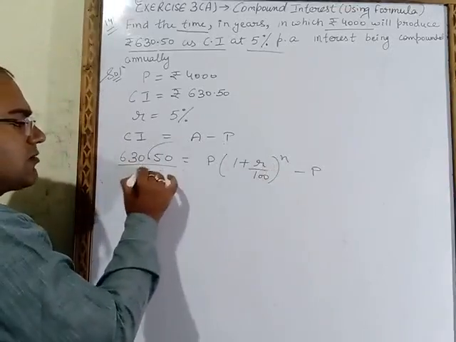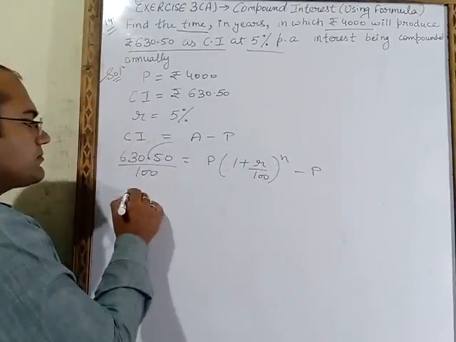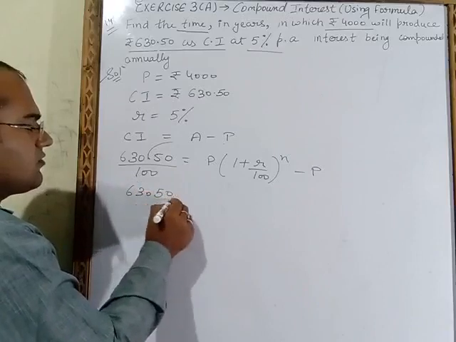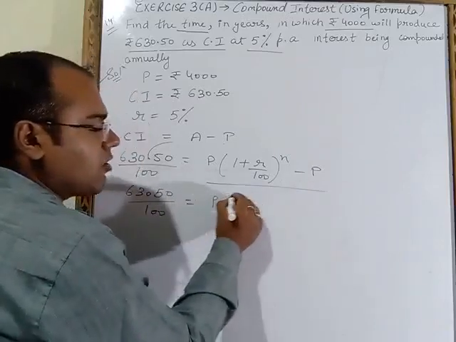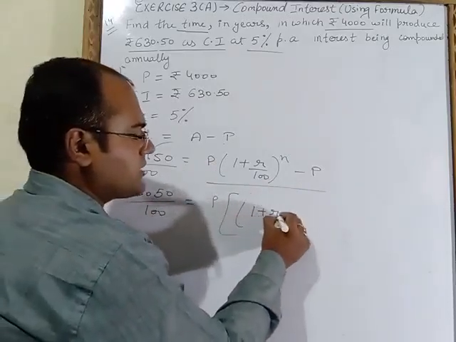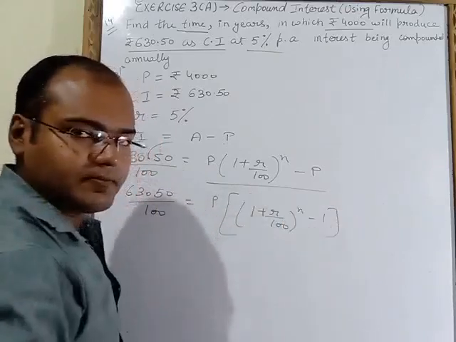This point we can remove, and in the denominator we can take 100. Now 63050 upon 100 is equal to, from here we will take P common. After taking P common, the remaining term will be 1 plus R upon 100 power n minus 1.